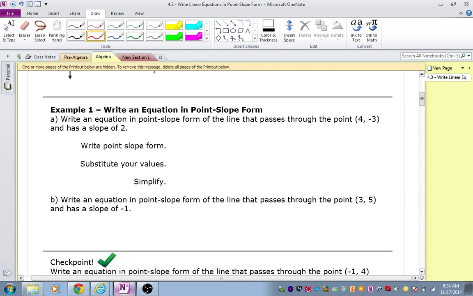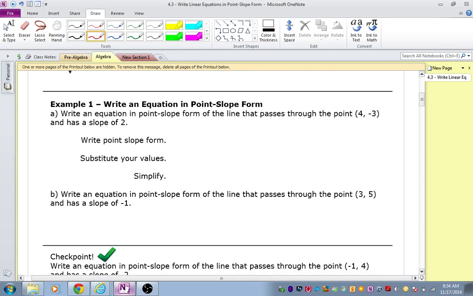Okay, we're just writing in a different form, and both sides do equal each other. So let's actually do an example of writing an equation in point-slope form. It says write an equation in point-slope form of the line that passes through the point (4, negative 3) and has a slope of 2. So first we're going to write our point-slope form. And this is something that you kind of just got to memorize. We have y minus y1 equals m times x minus x1. We're going to substitute our values.